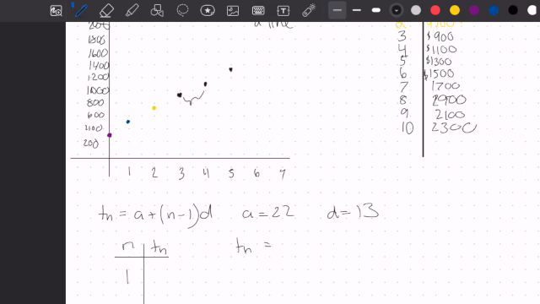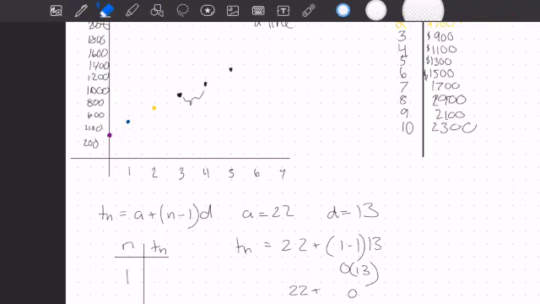So I will have Tn equals 22 plus 1 minus 1 times 13. So 1 minus 1 is 0, times 13 is going to be 0. So 22 plus 0 equals my term number, and my term number then just equals 22, and that can go in my chart there.